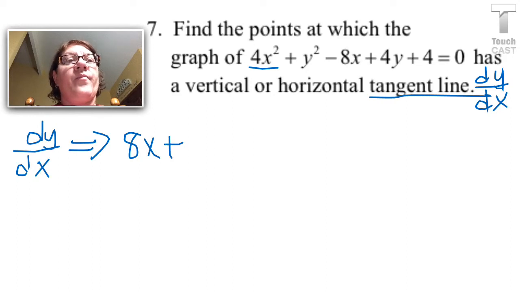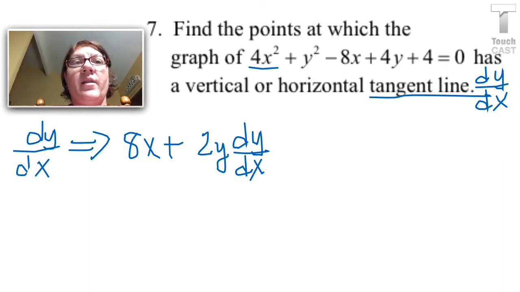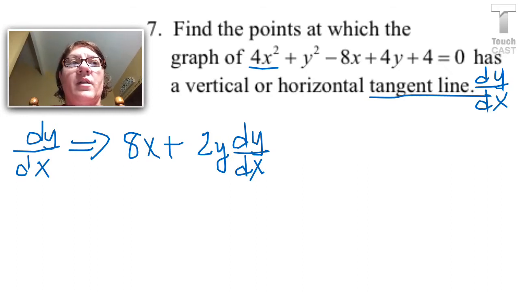Plus, then on the next one, I'll power down, but this one is a dy dx because I'm taking the derivative of y this time, and there ain't no x in that piece. Next term is just negative 8, because I'd be powering down just like normal.